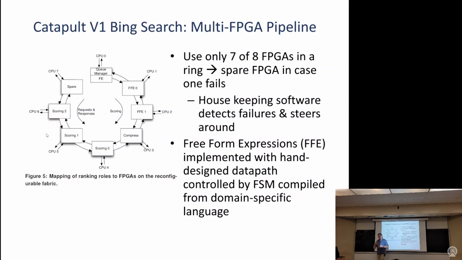They made a domain-specific language where you could describe what you wanted, and they could compile that and make a state machine for you. So these free-form expressions, they use the programming model of a custom data path controlled by an FSM. So FSM with data path, one of the design styles that we talked about in the programming model. And to make it easier, they made a domain-specific language that would automatically build the FSM for you.